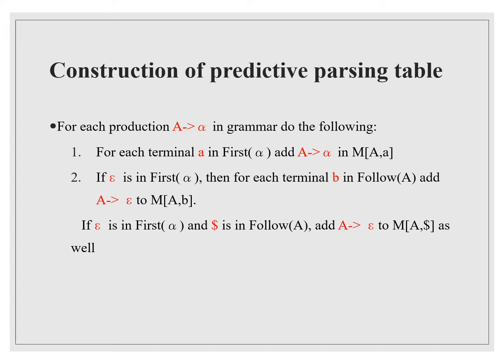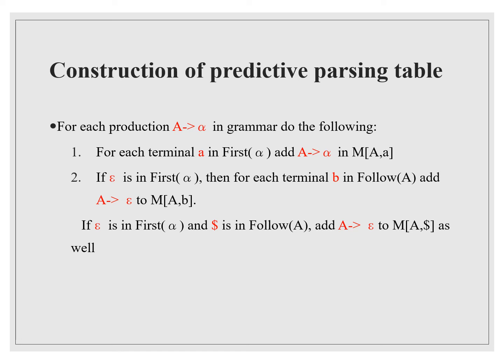We add all the terminals, including epsilon as well as dollar. And what are the row entries? The row entries are the non-terminals.